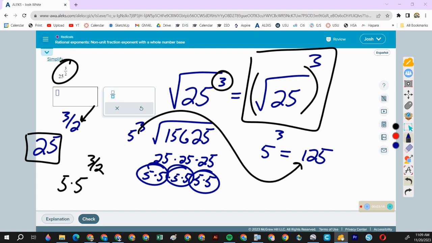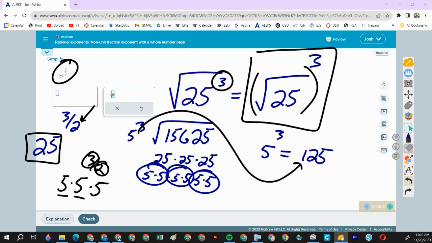How many of those 5's are going to be in my answer? 3 of them. So this tells me what to split it into. It doesn't mean divide by 2. It means can 25 be written as something to the second power? And then my answer has 3 of those, so the answer is 125. So any one of those methods is going to work.